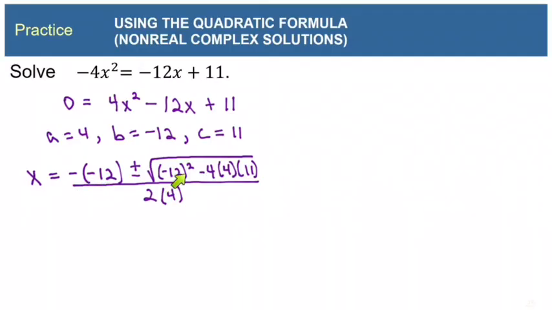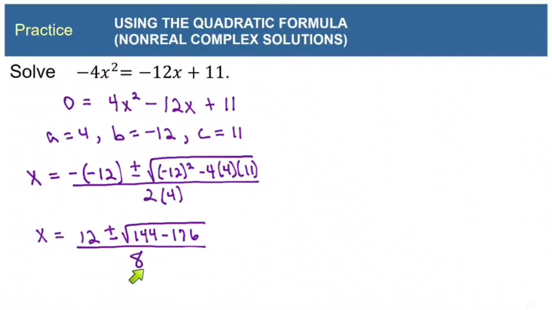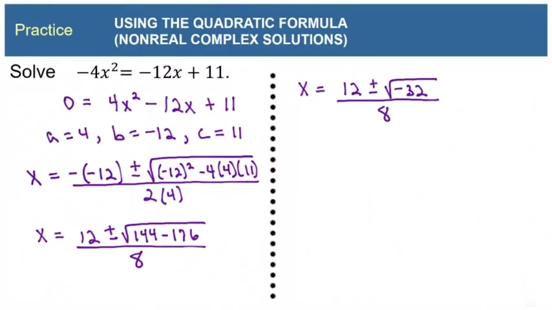Under the radical, negative 12 squared is 144, and 4 times 11 is going to be 176. So we're going to have 12 plus or minus the square root of 144 minus 176 all over 2 times 4, which is 8. Okay, now doing the subtraction under the radical, 144 minus 176 is going to give us negative 32.